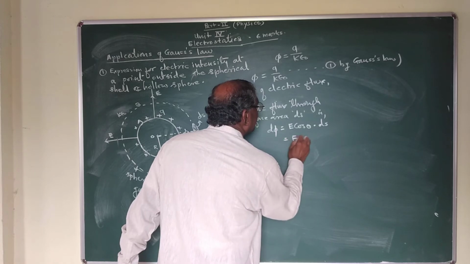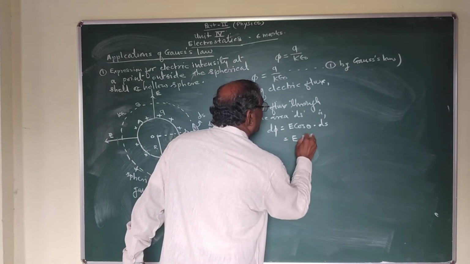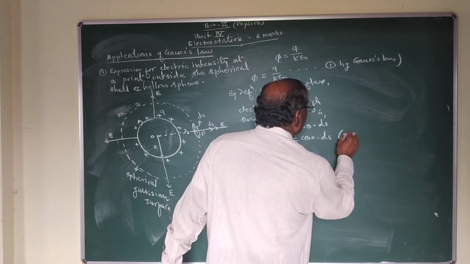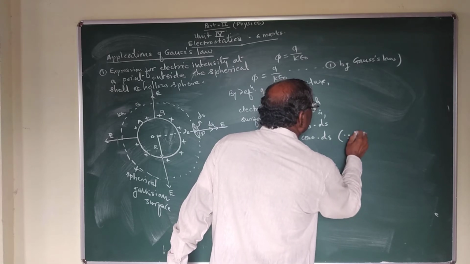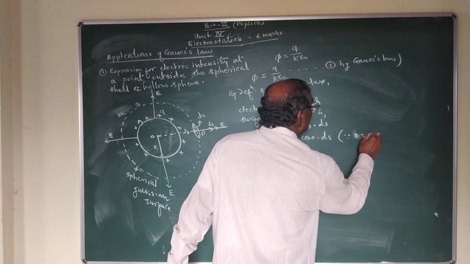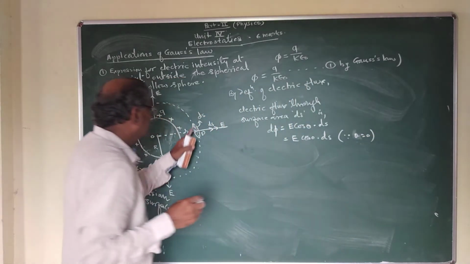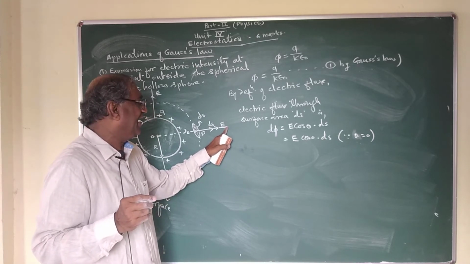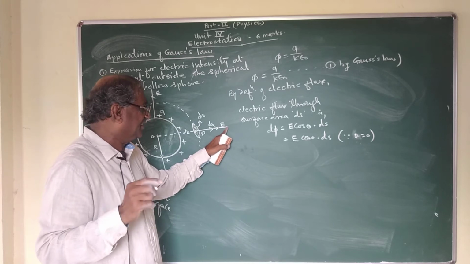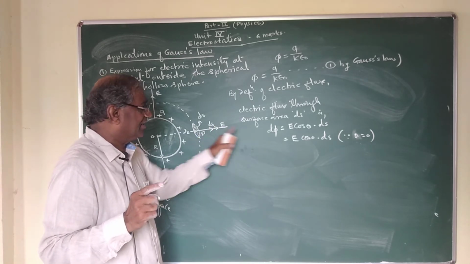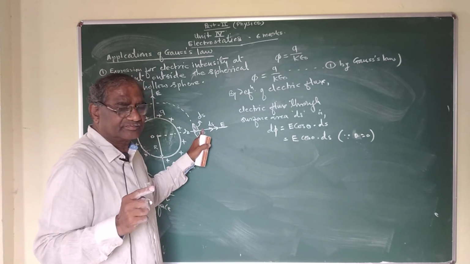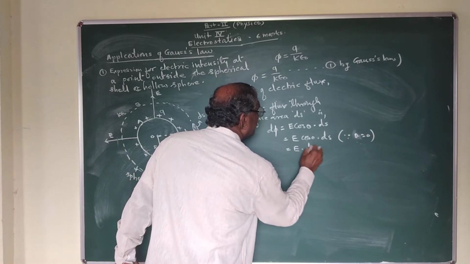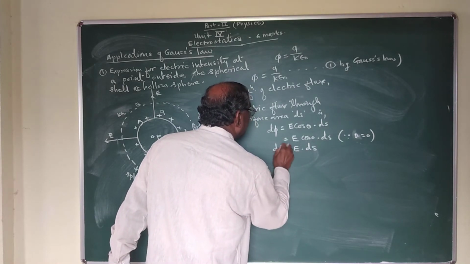Therefore, we can write d phi is equal to E cos 0 into ds. Since theta is equal to 0, because surface area ds is normal to the electric intensity E, cos 0 is equal to 1. Therefore, d phi is equal to E into ds.